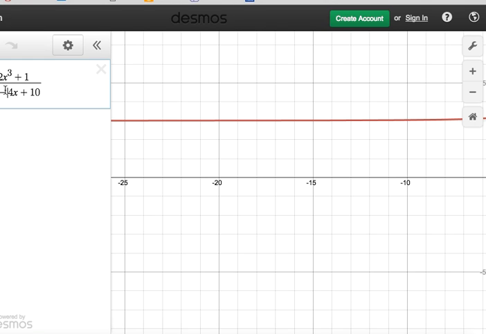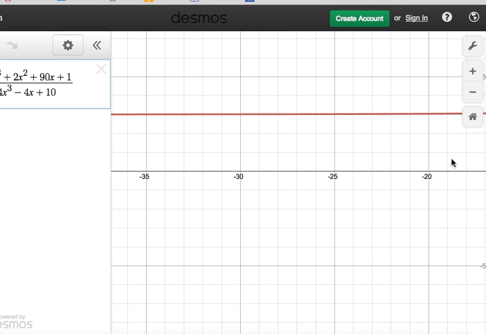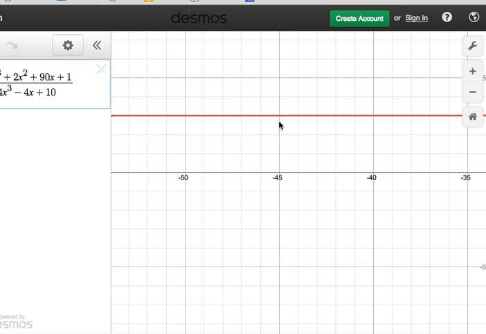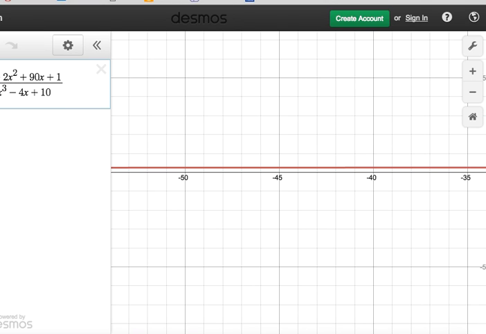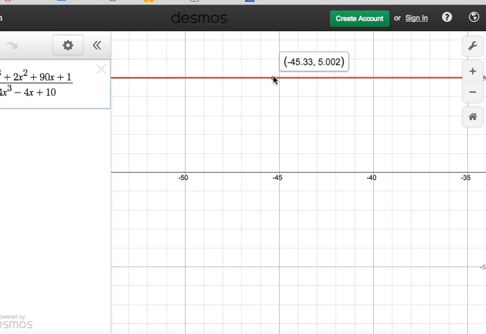So what happens is that these other numbers at the end become inconsequential because they're much smaller, so even when I add other things, plus 90x, when you get to really large x values, then these other numbers in the denominator don't matter. So all that matters is these leading coefficients. 20 divided by 4 is 5.